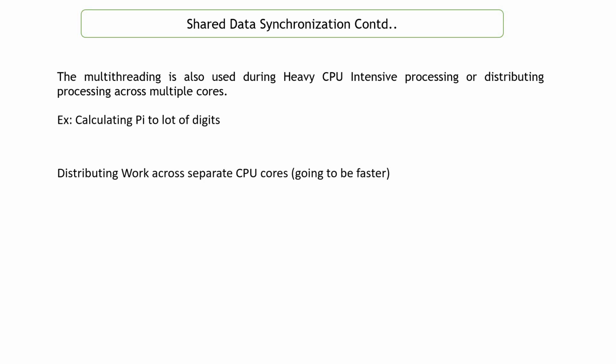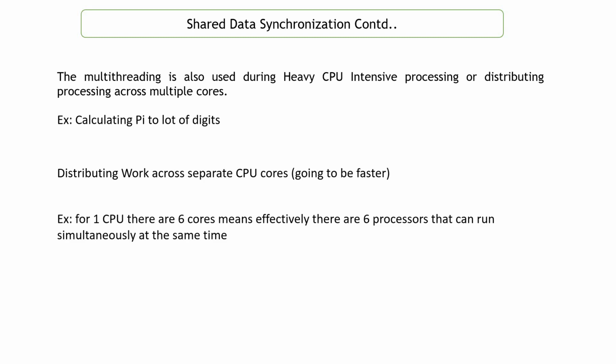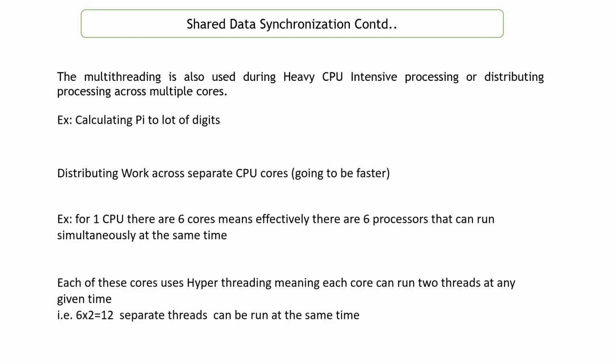For example, for one CPU with 6 cores, there are effectively 6 processors that can run simultaneously at the same time. And each of these cores uses hyper-threading, meaning that each core can run 2 threads at any given time. That is 6 times 2, which is 12 separate threads that can be run at the same time.